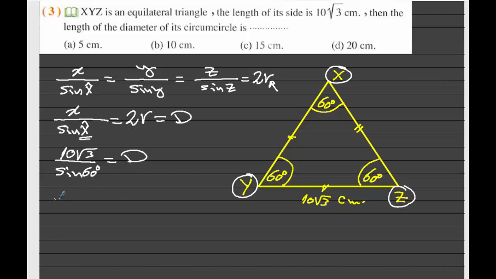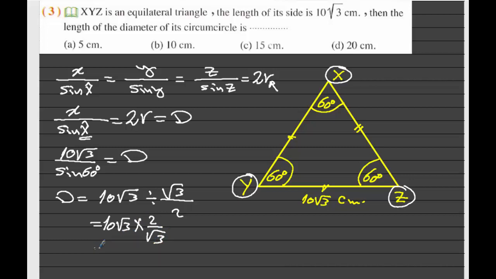So d equals 10 root 3 divided by sine 60, and sine 60 equals root 3 over 2. So it equals 10 root 3 multiplied by 2 over root 3.